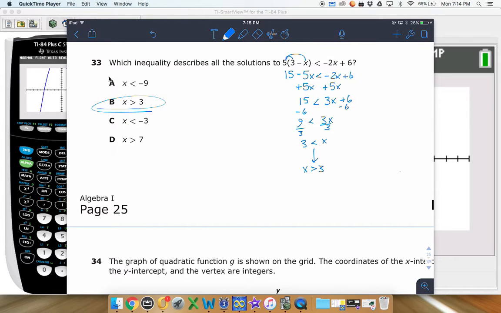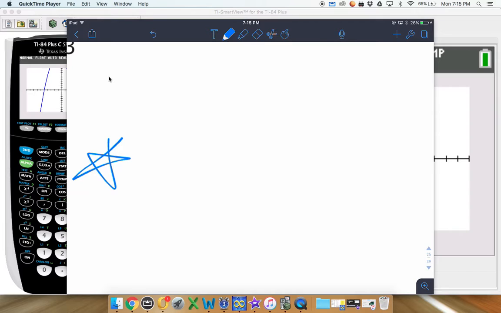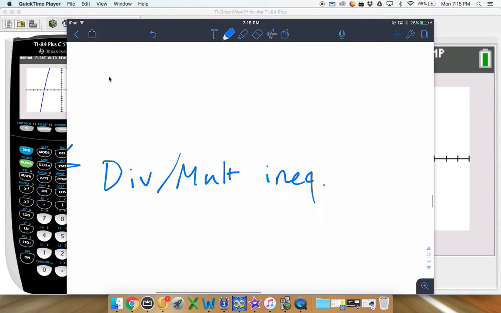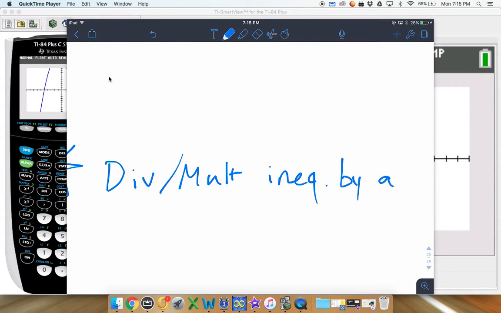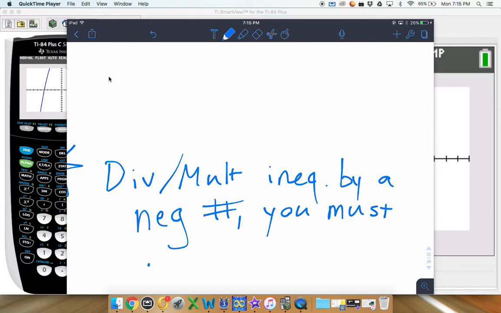Don't forget, we didn't see it on this one, but if you divide or multiply an inequality, so that's with greater than or less than signs, by a negative number, you must flip the inequality sign.